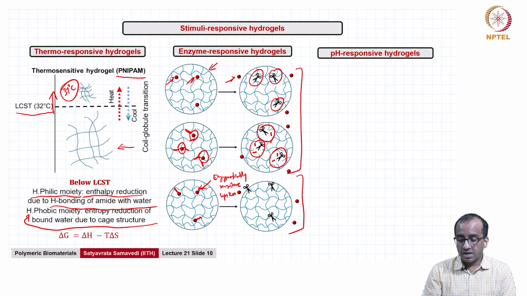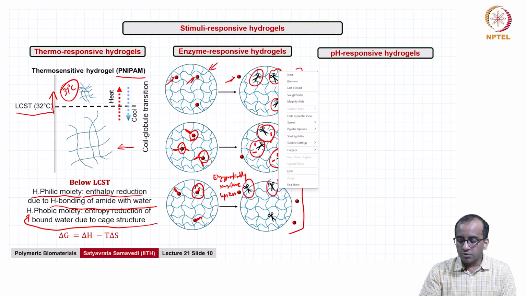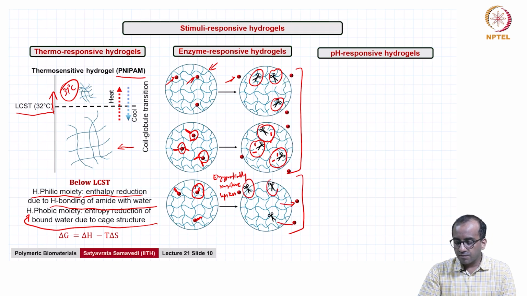In this case, the hydrogel is not enzymatically sensitive and will retain its structure, but the therapeutic molecule is now covalently linked to the hydrogel network through these red covalent linkages, which will specifically undergo chain scission, leading to release of the therapeutics. So these are some ways to think about enzymatically responsive hydrogels.